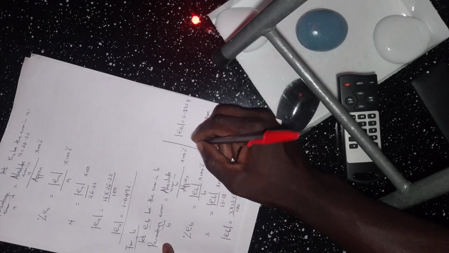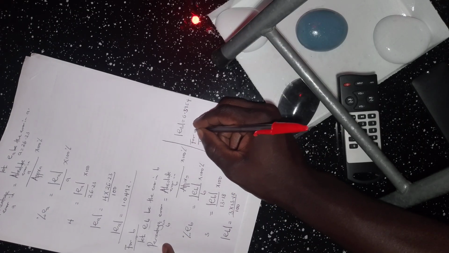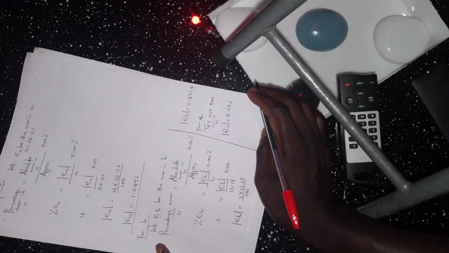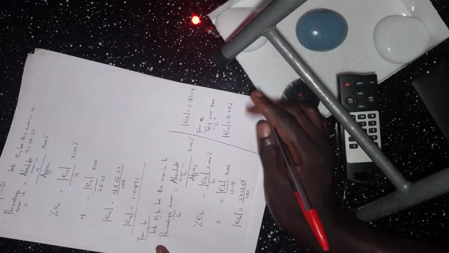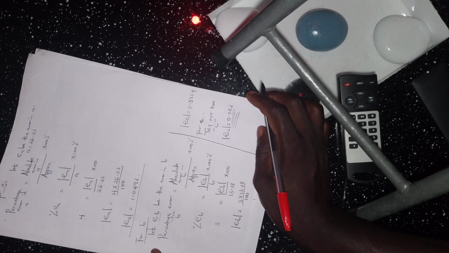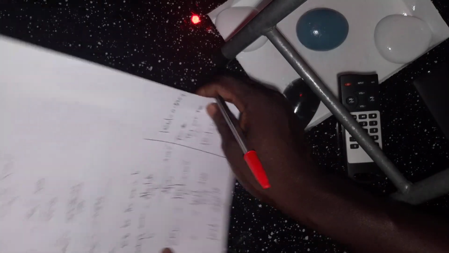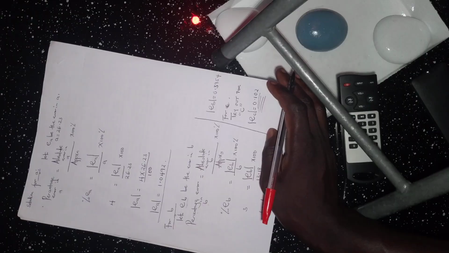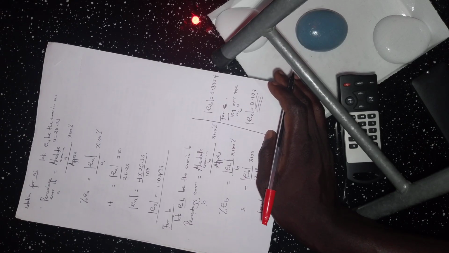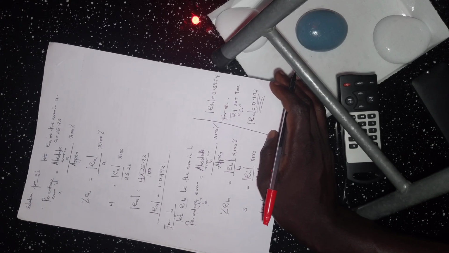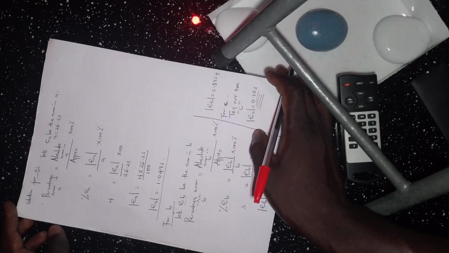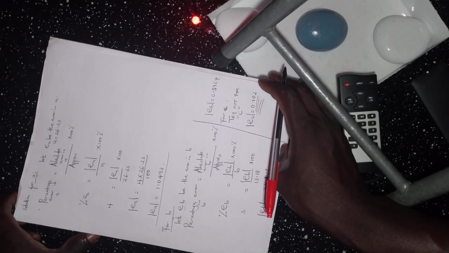So you will try out small c and calculate the magnitude of the error in C, or the absolute error in C. You will check and see whether the answer will be 0.102. So that is that. That is how you use the percentage error to calculate the absolute errors in different variables which are representing some known values that have been rounded to a given number of decimal places.